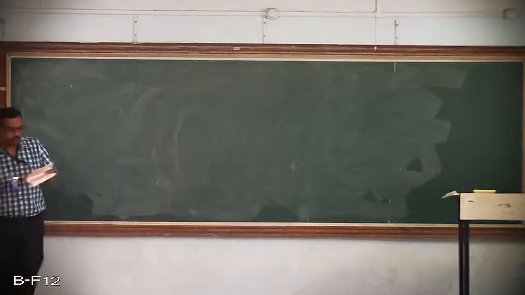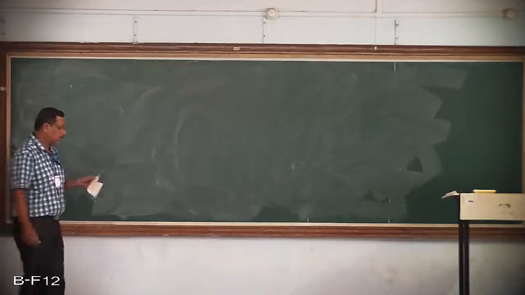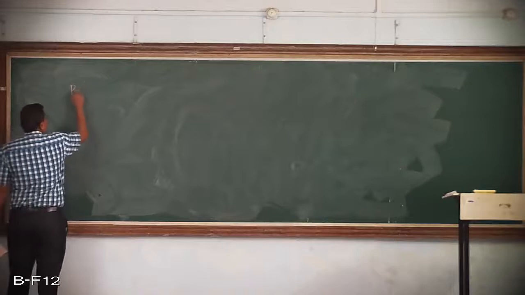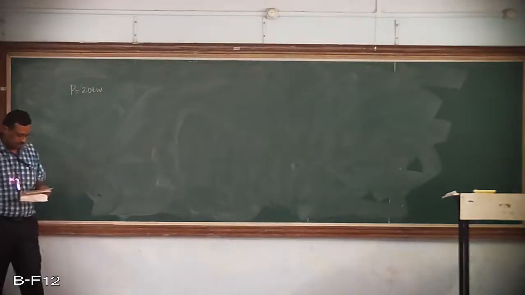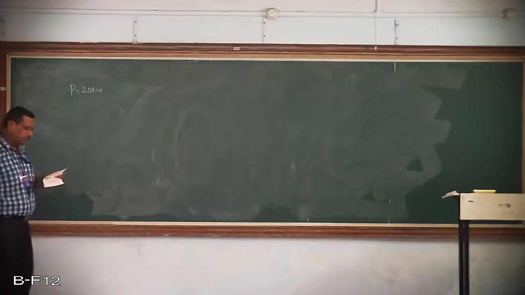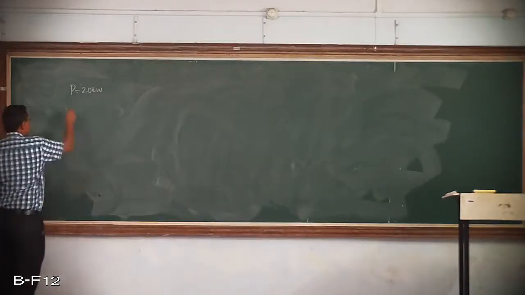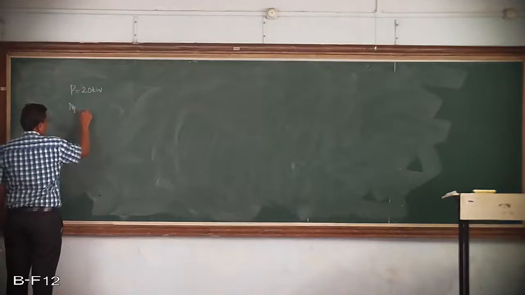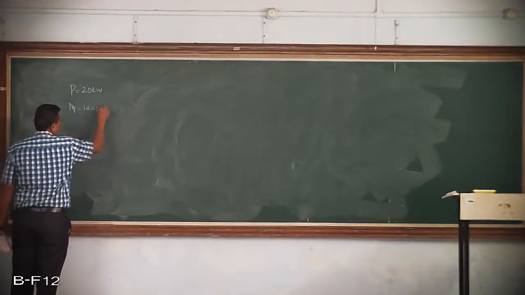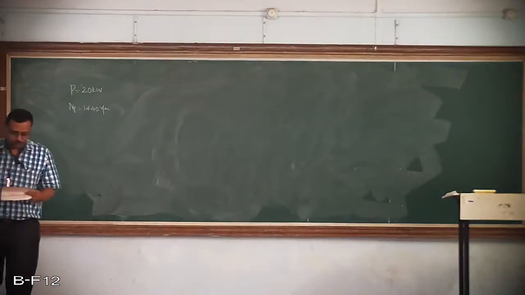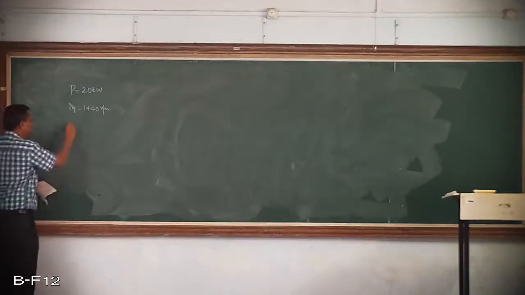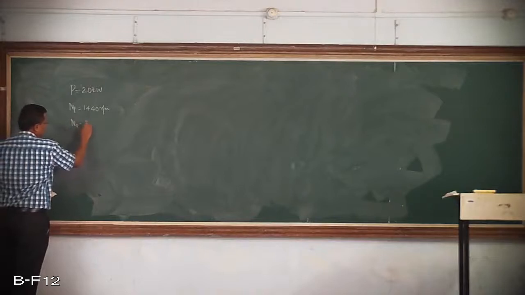A pair of helical gears is used to transmit 20 kilowatt power. Therefore, the power to be transmitted is 20 kilowatt, at 1440 RPM. Therefore, the RPM of the pinion is 1440. To a machine input shaft running at 360 RPM, therefore the RPM of the gear is given as 360.